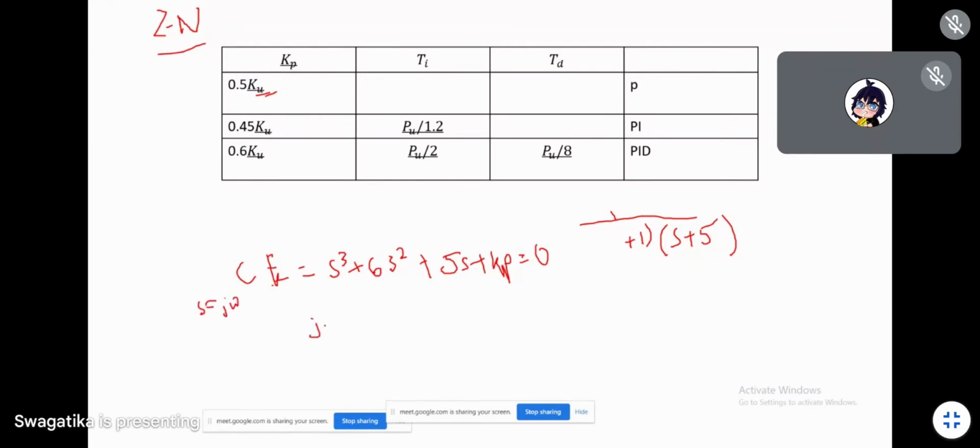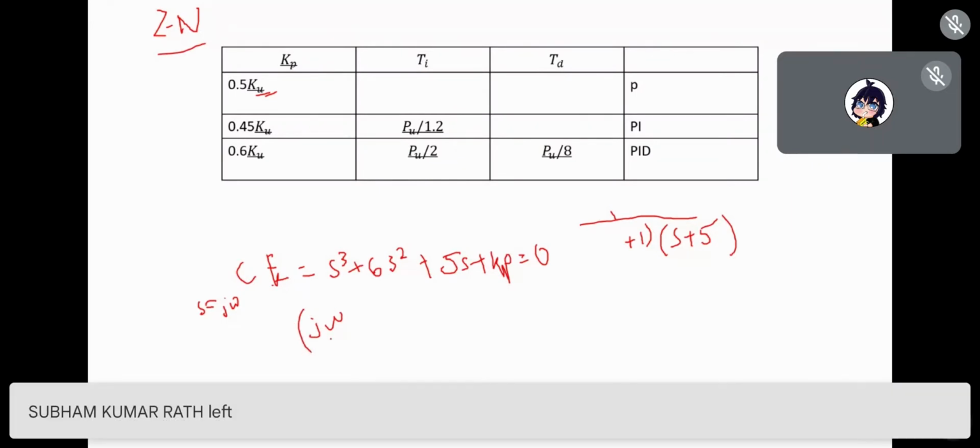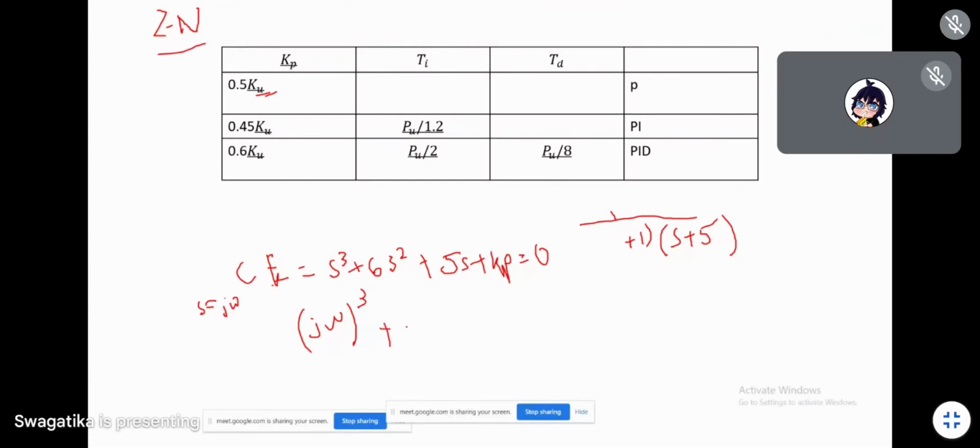This will be j omega to the power 3, 6 j omega square plus 5 j omega plus Kp equals to 0.